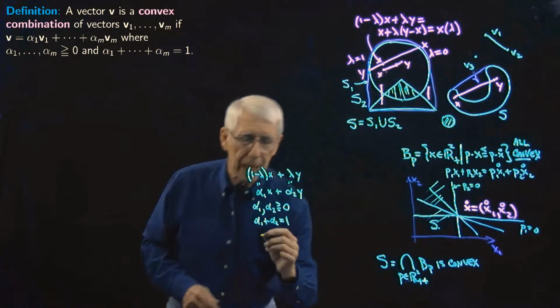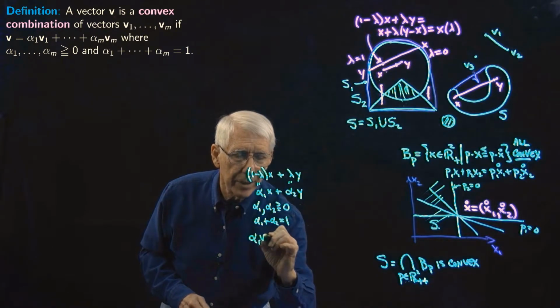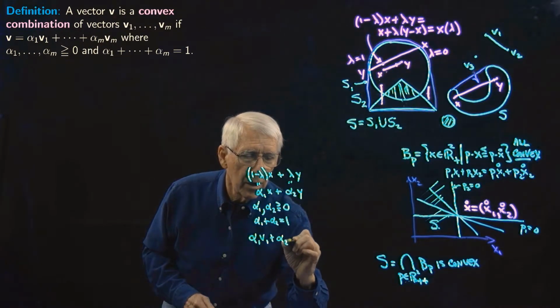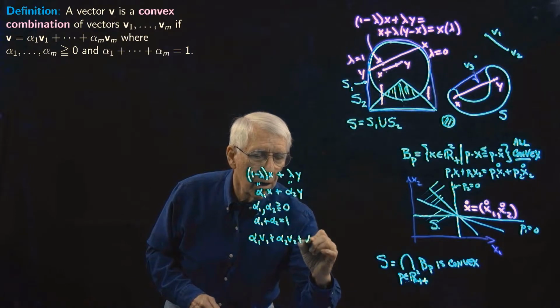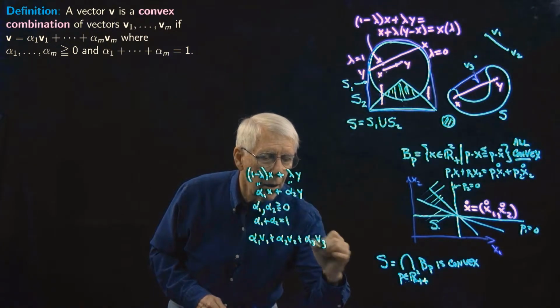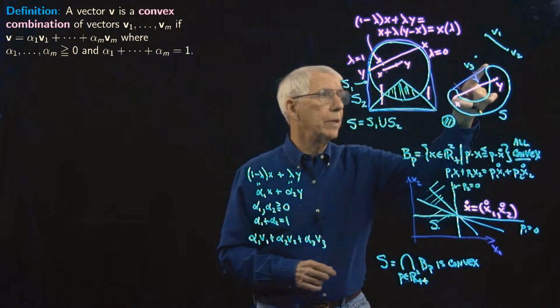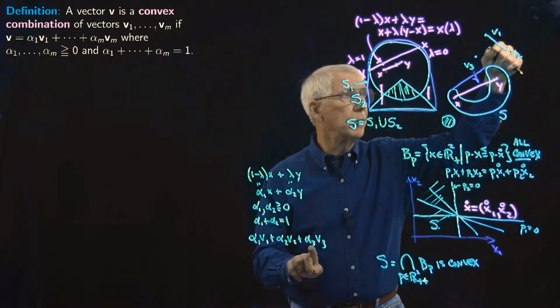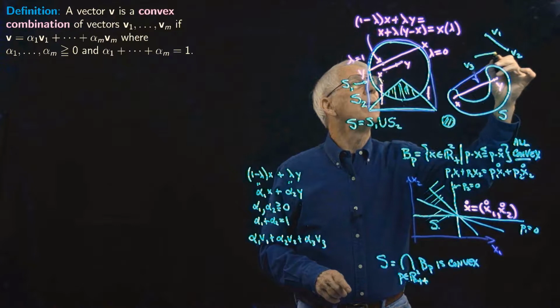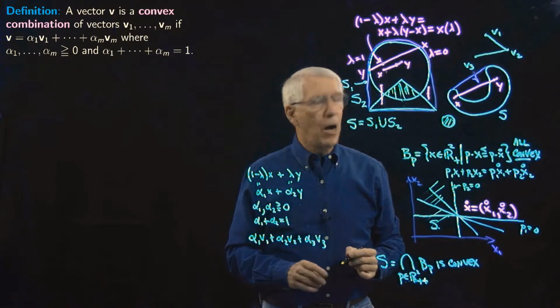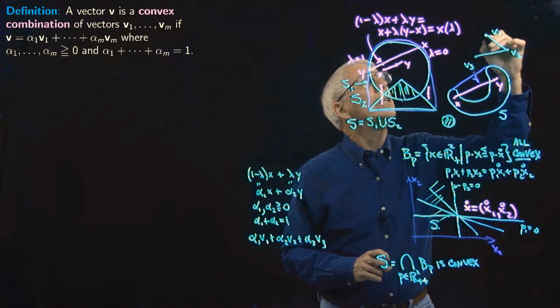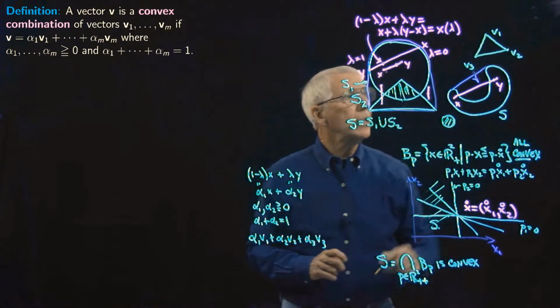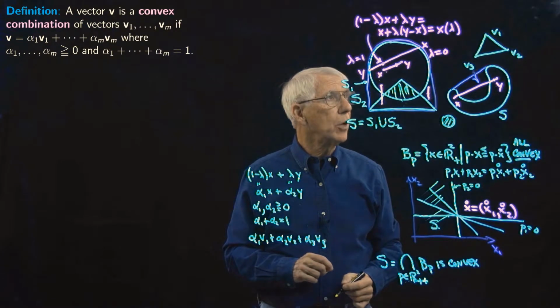And in fact, let's just write that down here. We're looking at convex combinations of the 3 vectors v1, v2, and v3. All of these are convex combinations where alpha 3 is 0. These are the convex combinations where alpha 1 is 0. And these are the convex combinations where alpha 2 is 0.